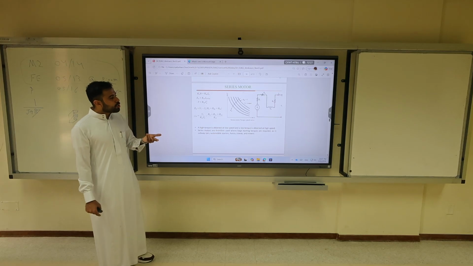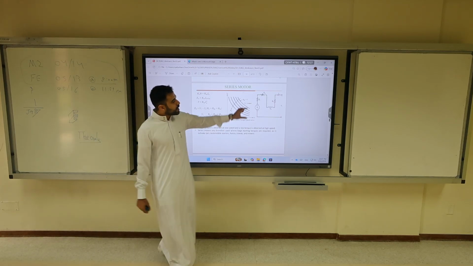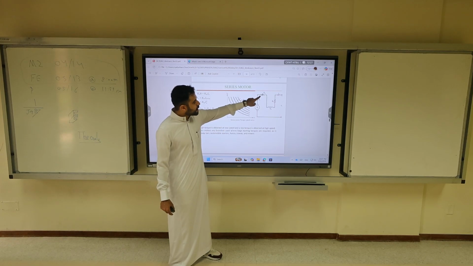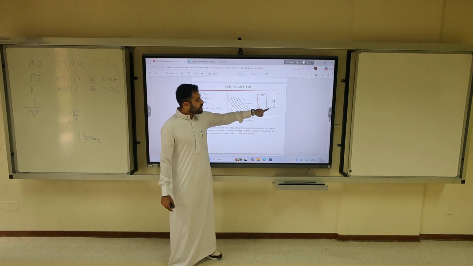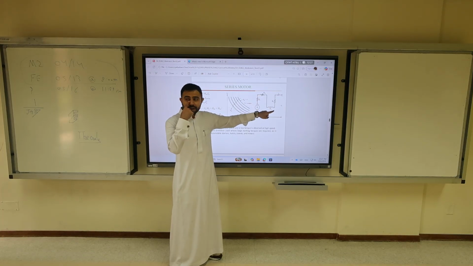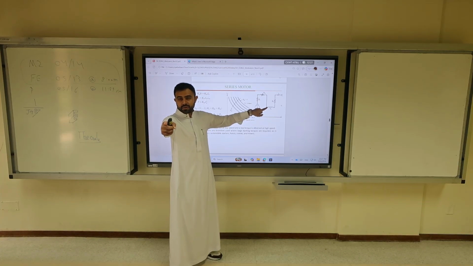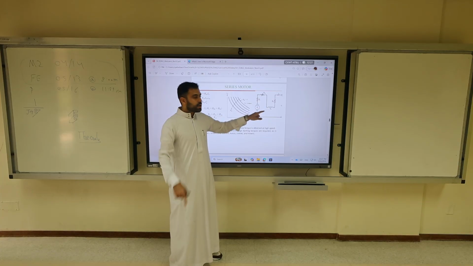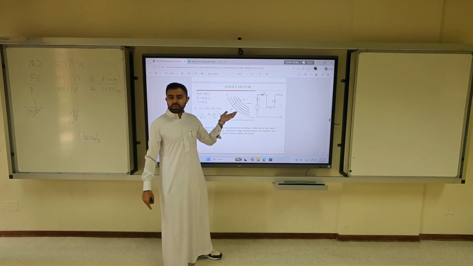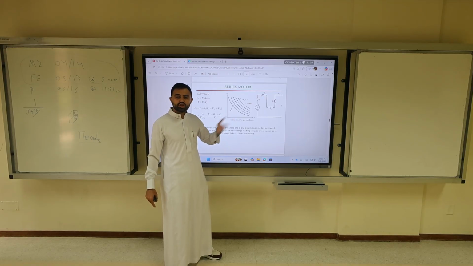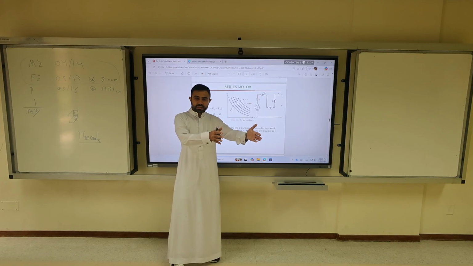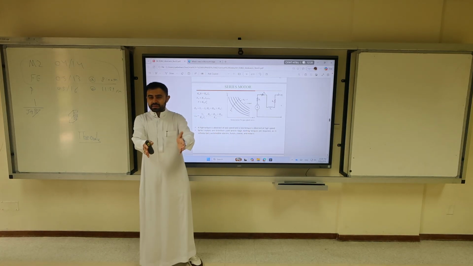For the series motor, because series motor has the field resistance Ra and Rs, and then it has windings. Why do we have windings? For transient. Here we are not doing transient now. We are looking at speed control in general. From steady state, you go through transient.